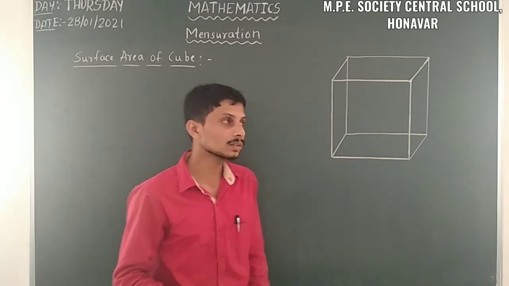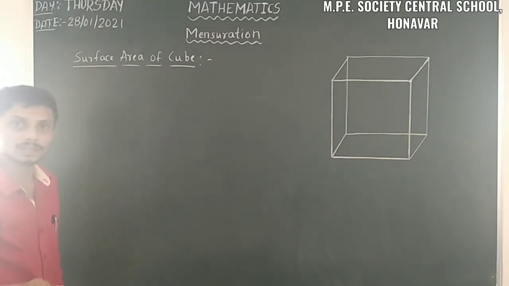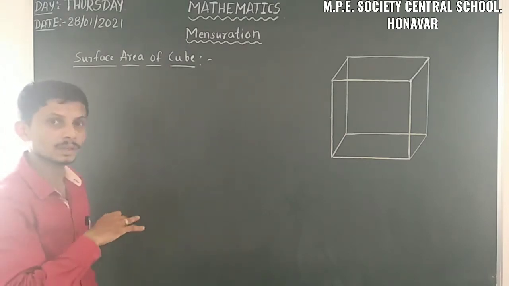We can find the total surface area and the lateral surface area of the cube. So let us take that. Firstly we have to write what is meant by cube, that is, how it forms.